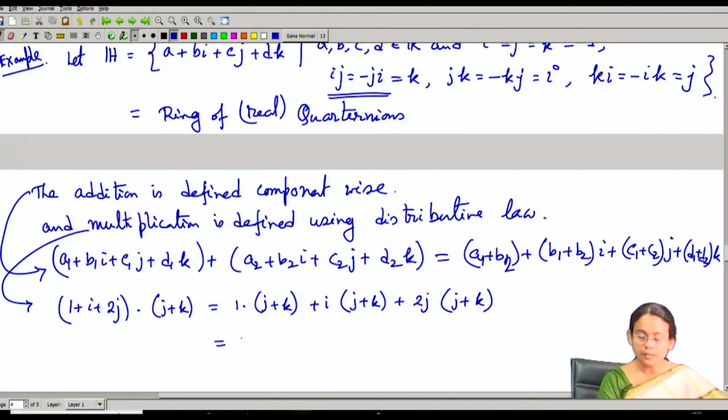If you simplify this, you will finally see that it comes out to be -2 + 2i + 2k.